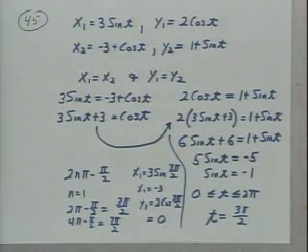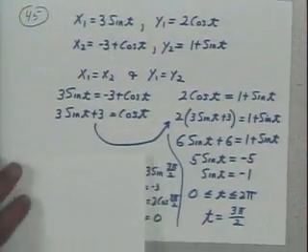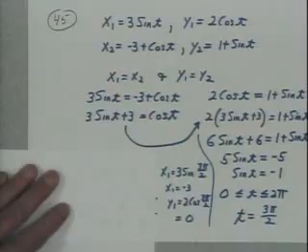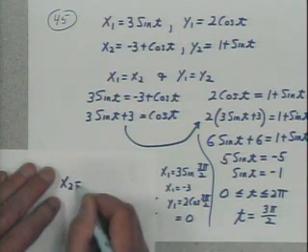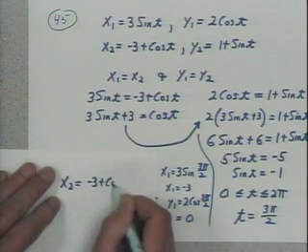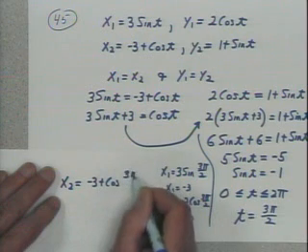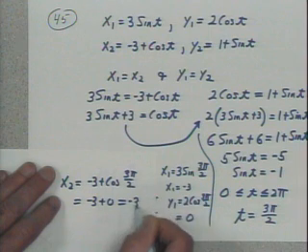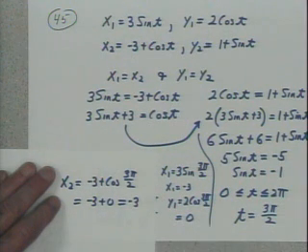Would you get the same thing if you plugged in the second one? Yes. If you went to the other point up here, x2 is going to be minus 3 plus cosine 3 pi over 2. That's minus 3 plus 0. Yeah, that's minus 3. Same x coordinate.